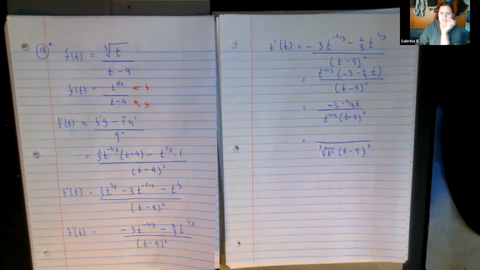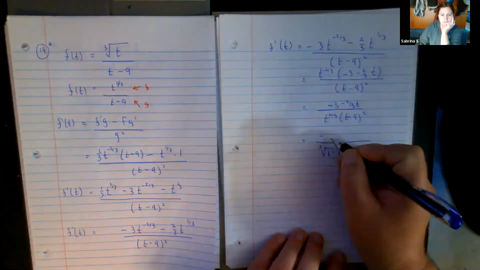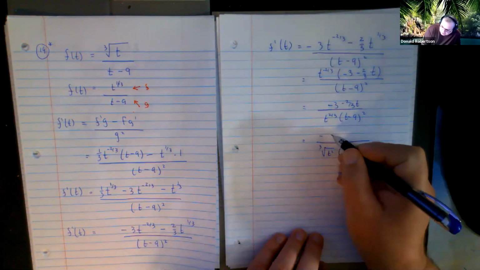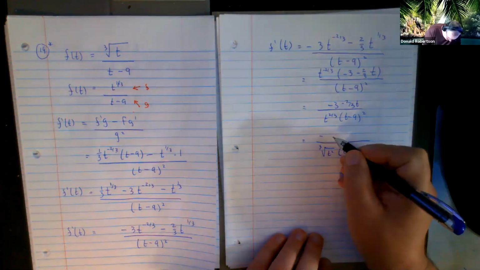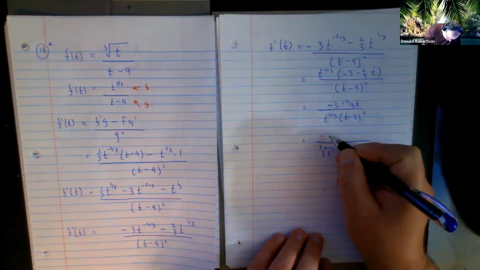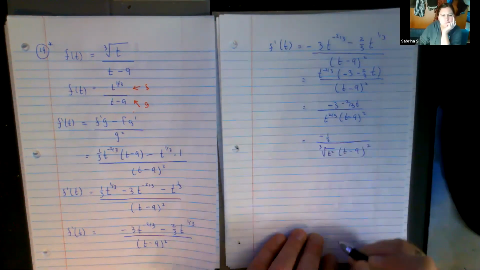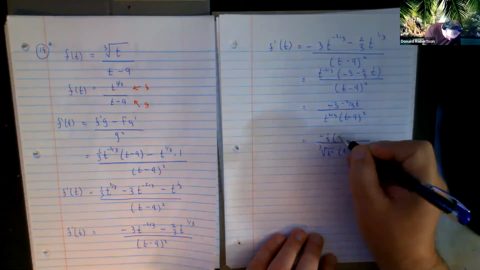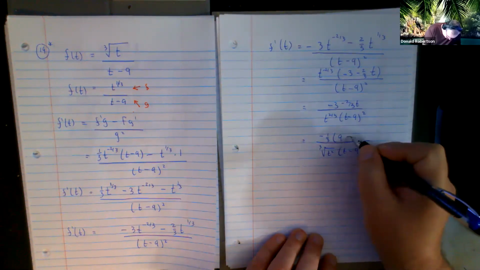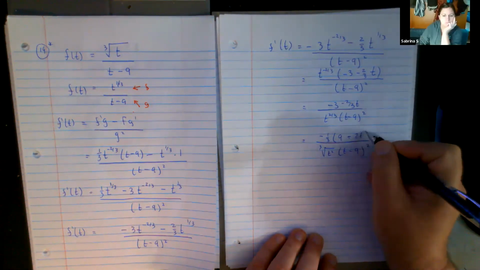It's a common factor. Negative 3 out of it. Factor out then. Negative 3, is it 3 or 1/3? Now, if you do that, you're going to have 9 plus 2t. Check it out.